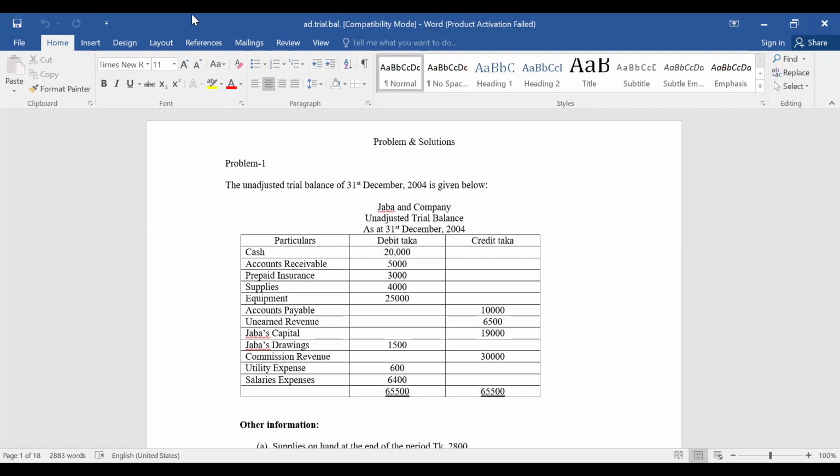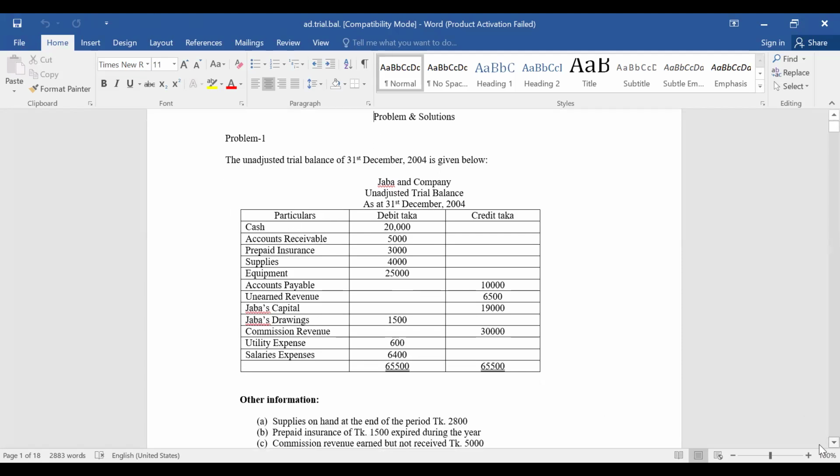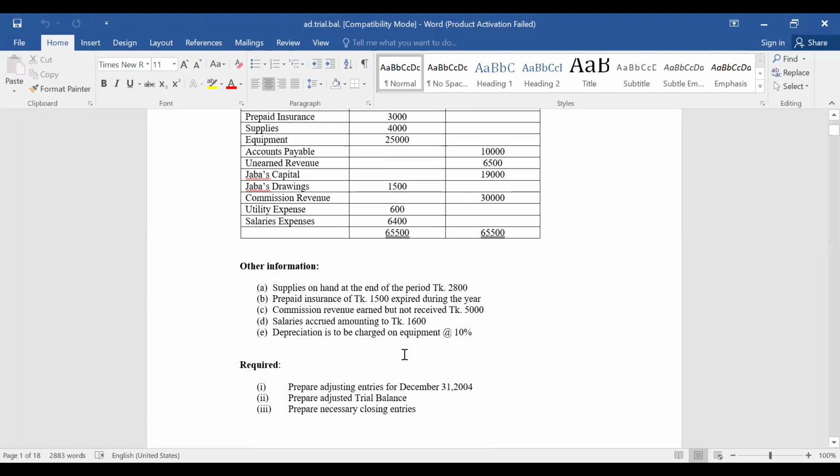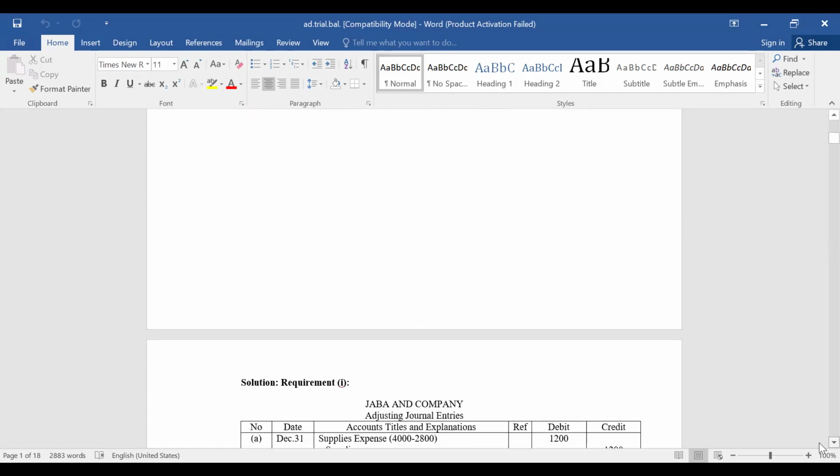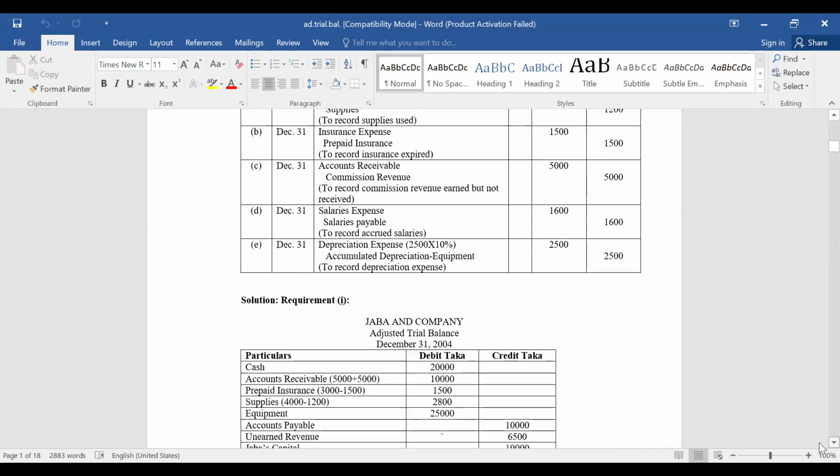Okay. This is the trial balance, and this is the additional information. With the help of the trial balance and the additional information, you need adjusting journal. I just give you one and two.